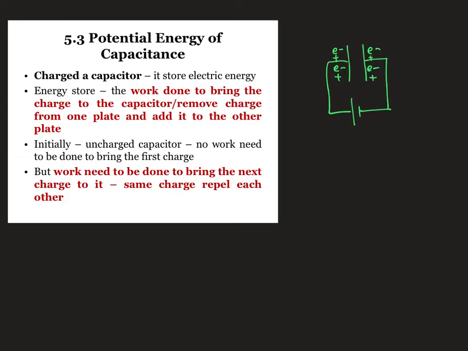Initially, the capacitor is in a neutral state. So once you connect it to the battery, the electrons are going to move because they have received some energy. If an electron is put at this plate, no work is done because there's no repulsion effect, because this plate is originally neutral.